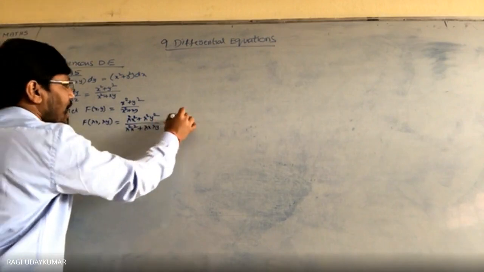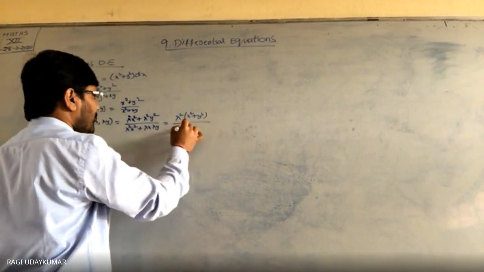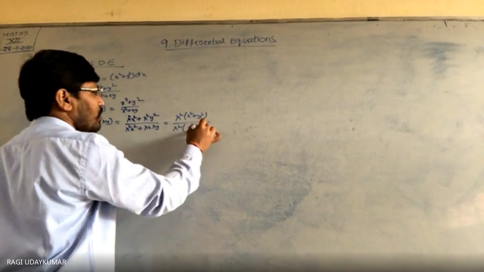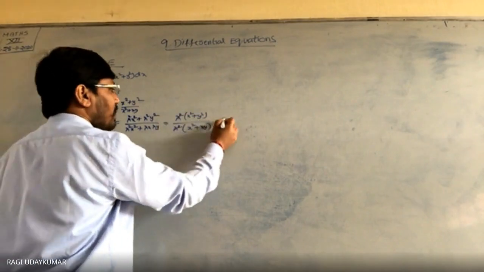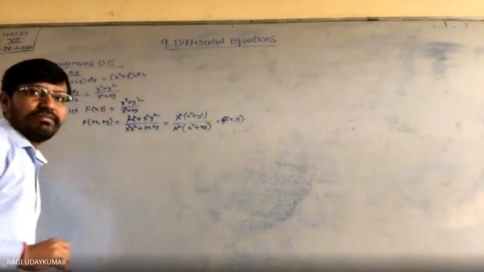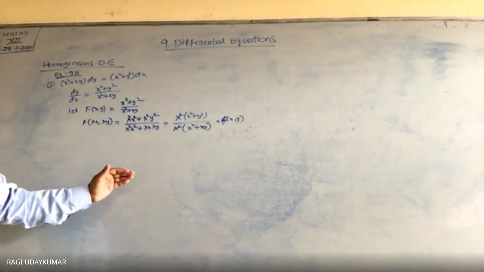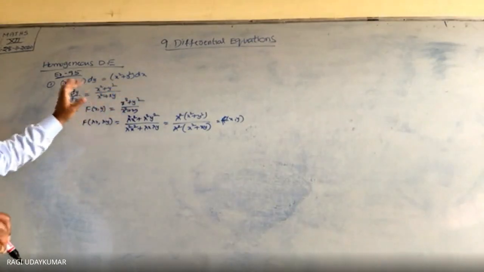Here you can take lambda square common in the numerator, x square plus y square, and lambda square common in the denominator, x square plus xy. Lambda square cancels, and again you get f of x comma y. So this shows that equation 1 is a homogeneous equation.